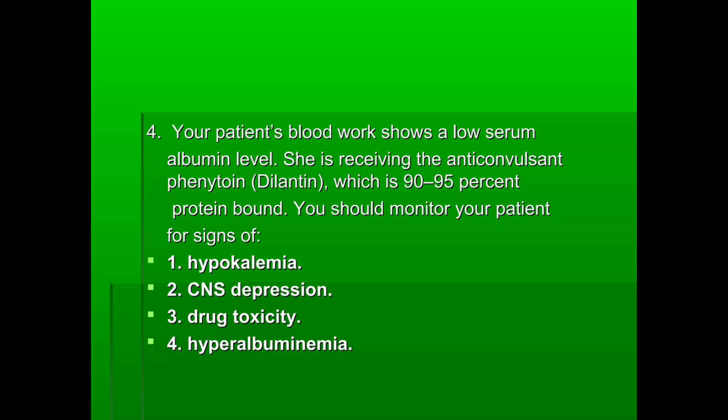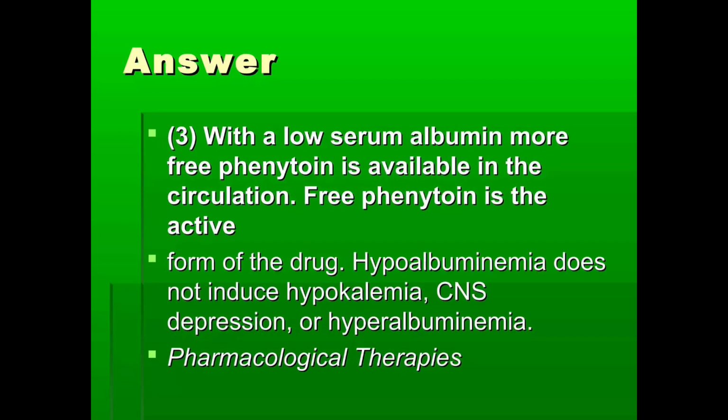Your patient's blood work shows a low serum albumin level. She is receiving an anticonvulsant, phenytoin, which is 95% protein bound. You should monitor your patient for signs of what? You ought to know how we relate the low albumin to the anticonvulsant, which is highly protein bound.